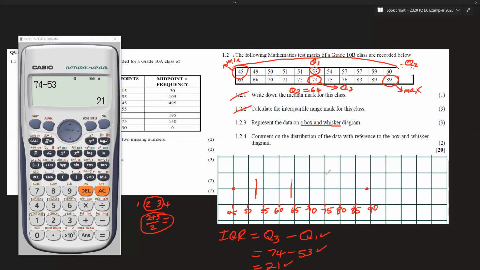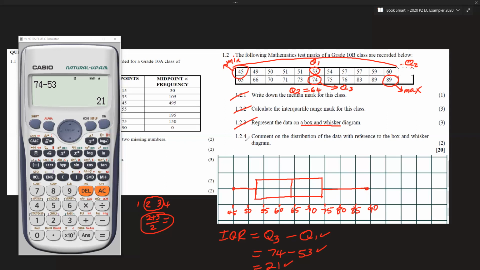And then quartile 3 was 74. So very close to there, to 75. Then you join everything now. You join it exactly the way I'm joining it here. Right. Perfect. And then that should score you the 3 marks for the box and whisker.